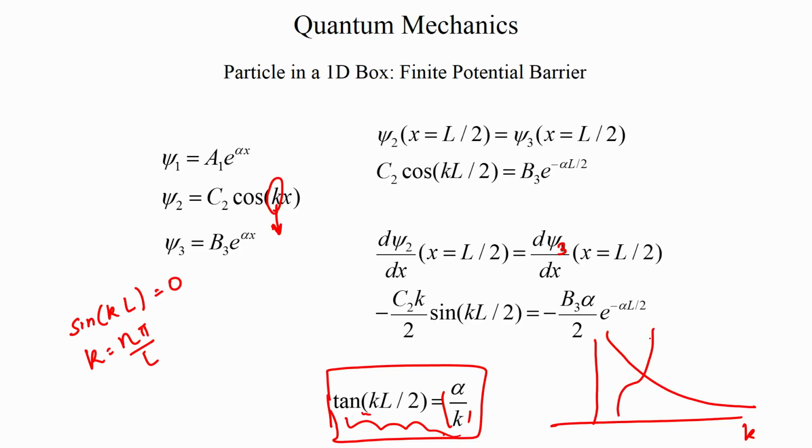You will get another plot, and the points at which these two functions meet are the solutions of these equations, and only those values of k are allowed. No other values of k are allowed, and then you could use this k to define your energy. So, that is the first point.